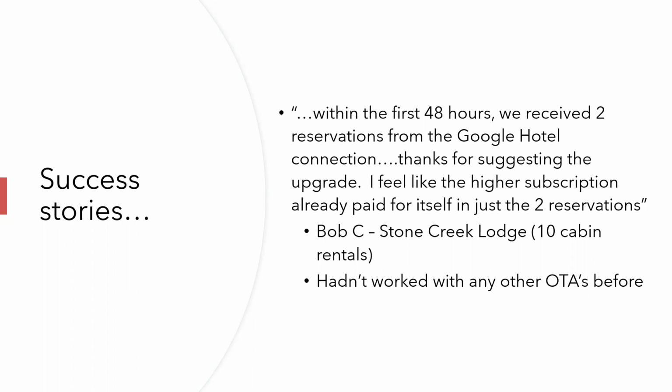On the maps, he'd be one of those little blue dots, or he would just not be displayed ever with pricing. So just to give you an example of a property that's taking advantage of it, 10 cabin rentals. It's a great looking property if anybody wants to take a vacation in Mount Rainier, Washington.